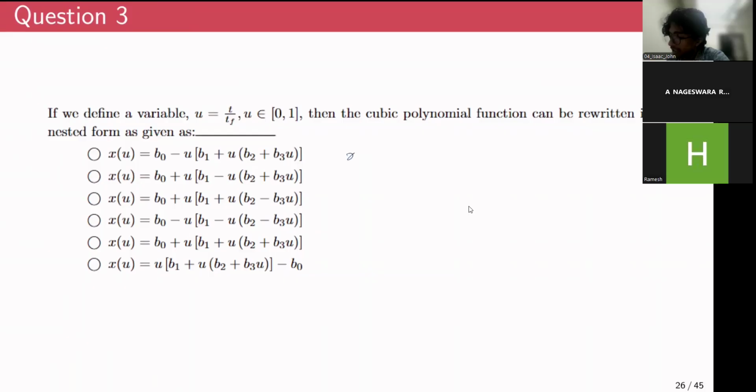For a cubic trajectory, x of t is a0 plus a1t plus a2t square plus a3t cube.